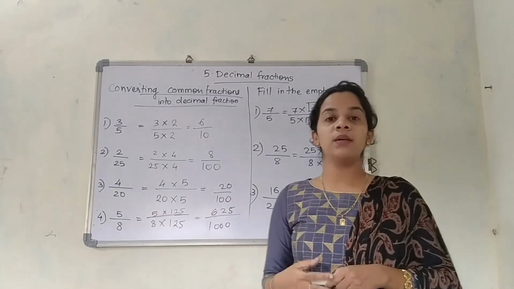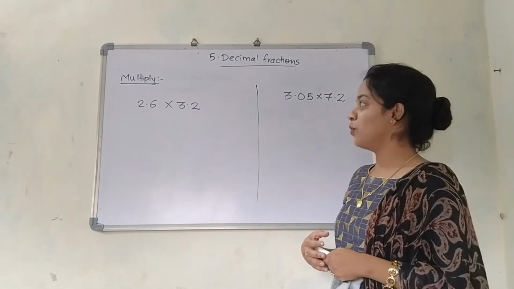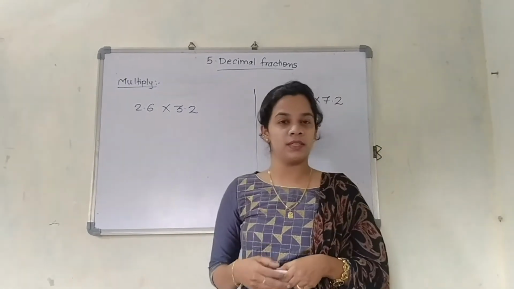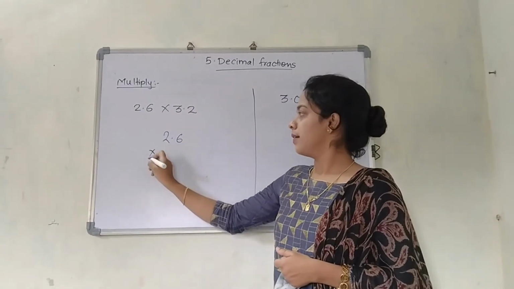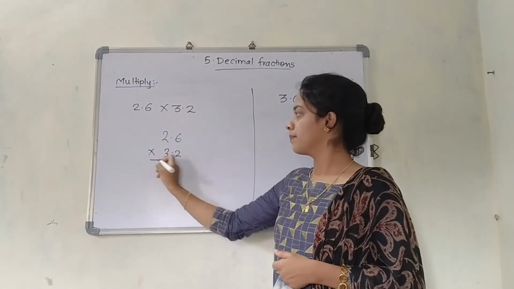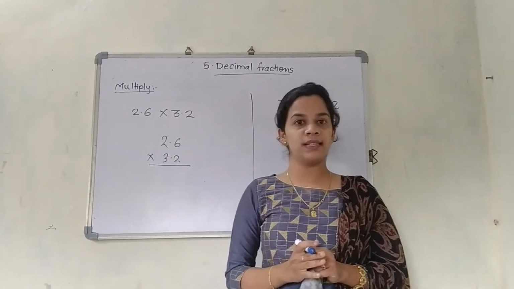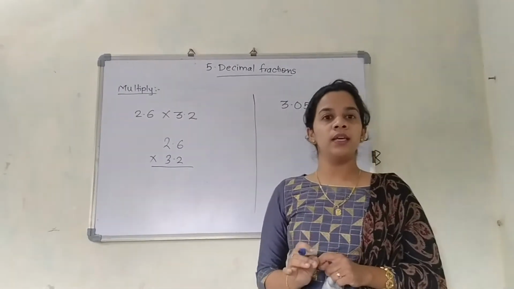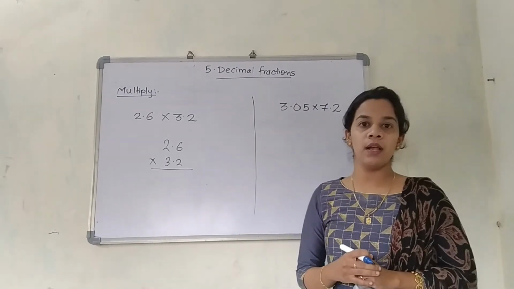So now we will see the multiplication of decimal numbers. I'm going to write it vertically, 2.6 into 3.2. We will do the multiplication normally, how we do it without decimal points. The only thing is, after we get the answer, we are going to place the decimal point.